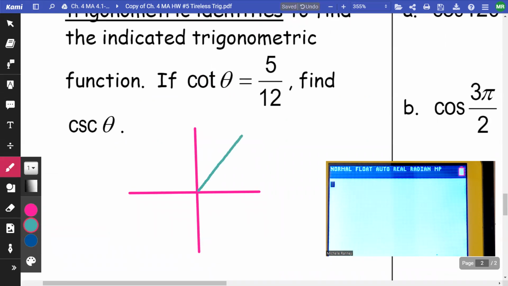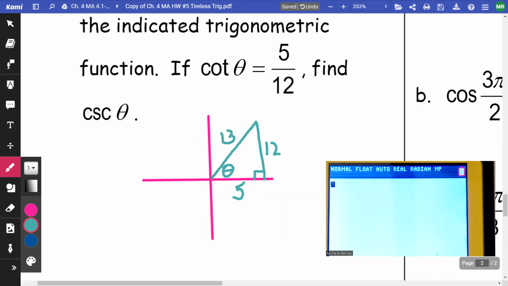So I'm just going to draw a triangle, and this is my angle. My cotangent is, well, tangent is opposite over adjacent, so cotangent is adjacent over opposite. Then we're going to see that we get a 5, 12, 13 right triangle again. So then they want us to find the cosecant.